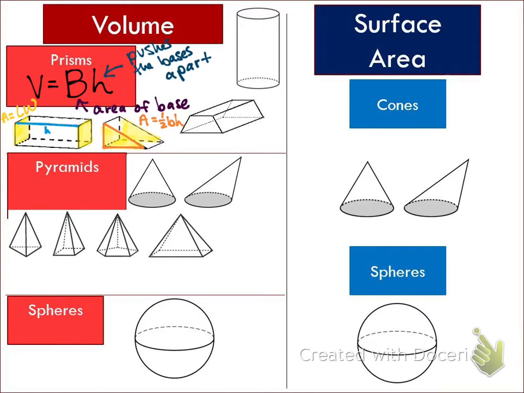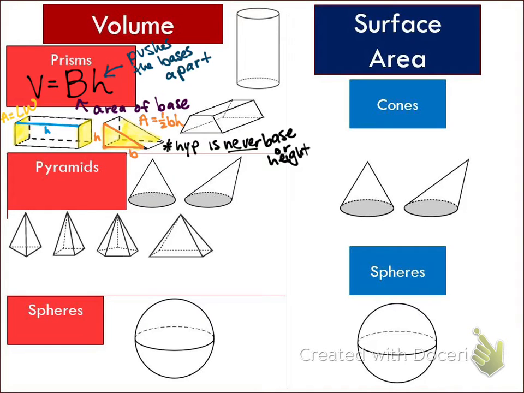So remember that a base is always horizontal, a height is always vertical. If it was a right triangle, remember that in a right triangle, the hypotenuse is never the base or the height. So keep that in mind.